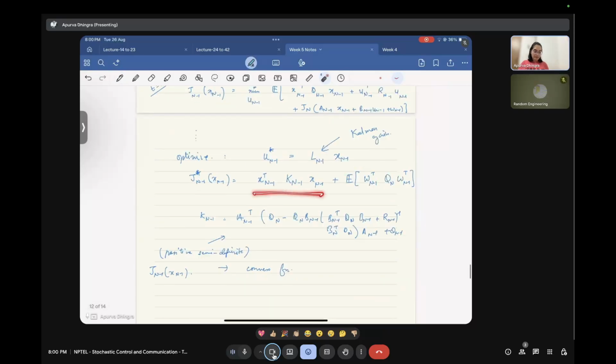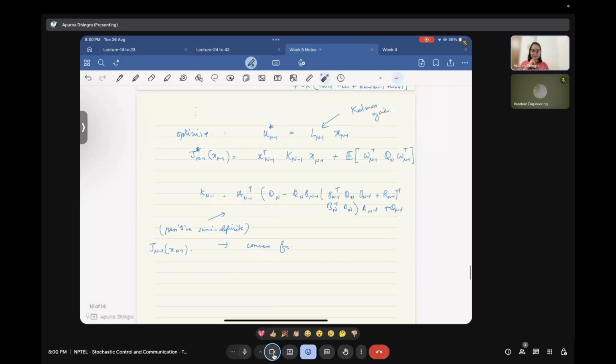We still have a convex function in x. So this process is still giving us a convex function, and the core reason why this is happening is because this k n minus 1 ends up being a semi-definite quantity. You can verify that that is the case. It clearly looks symmetric, so you can verify that it is semi-definite also.